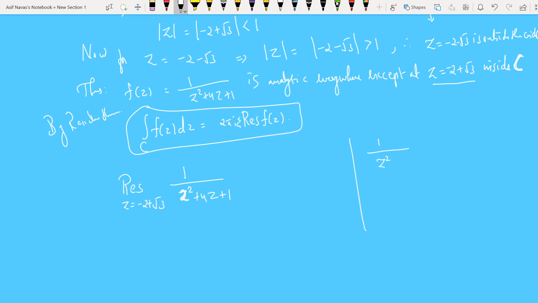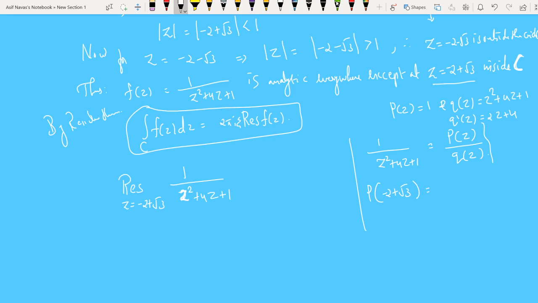1 by z square plus 4z plus 1 is of the form p of z divided by q of z, right? P of z is 1, and q of z is z square plus 4z plus 1, and q dash of z is 2z plus 4, right?